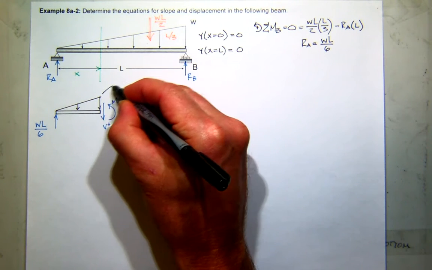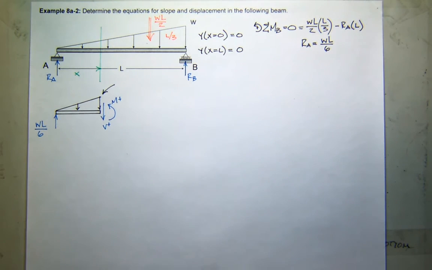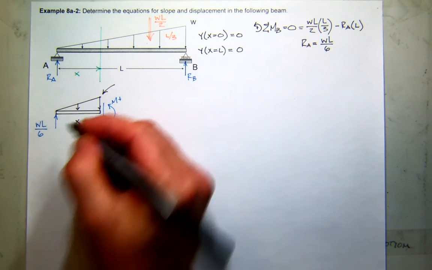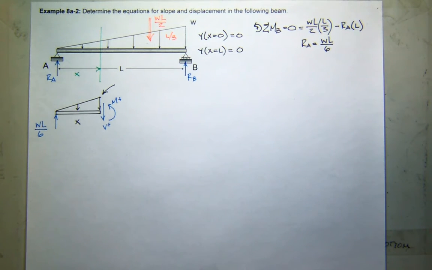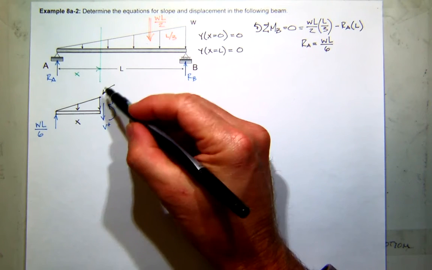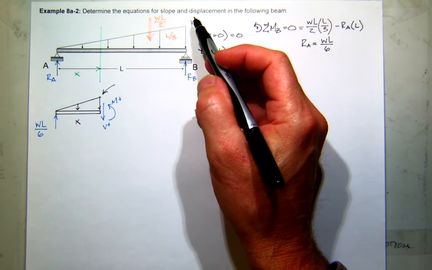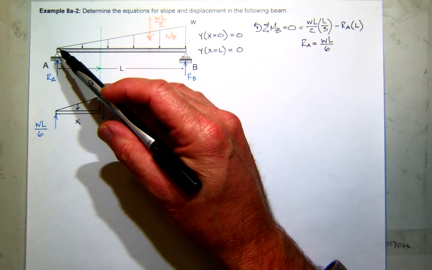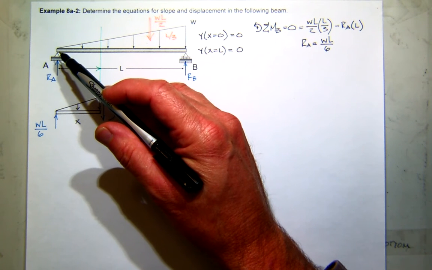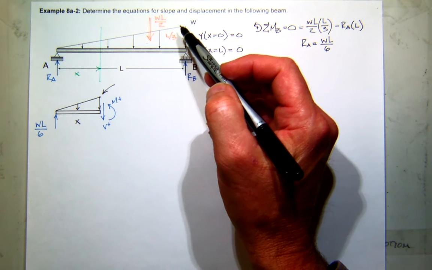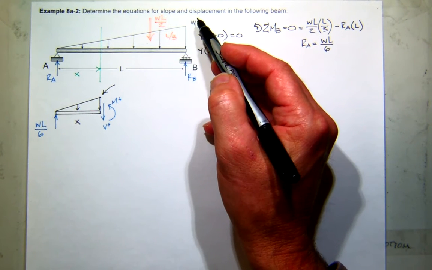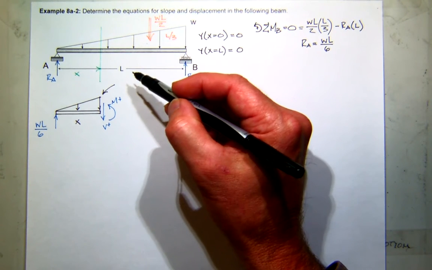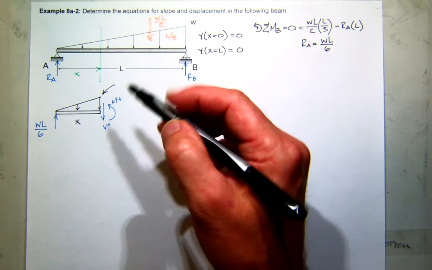What is the value of the triangular load there for an arbitrary distance x? Well, that means I have to write an equation for the load. The load is a straight line. It starts at 0, so I know the y-intercept is 0. And then what's the slope of this line? W, height, over run, L. Rise over run, right?